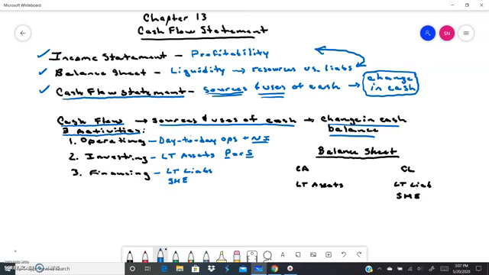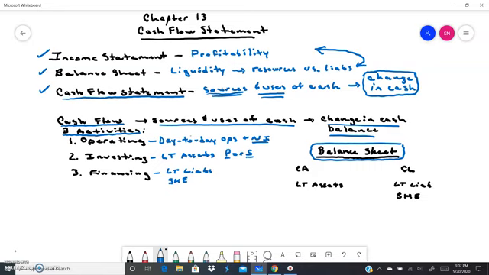If we account for all the changes in the balance sheet, then we will have accounted for all the changes in the cash. Because ultimately, cash is one of the accounts in the balance sheet. And if we account for all the changes in all the accounts, we'll have accounted for all the changes in the financial position of the company. So that's what we're going to focus on.